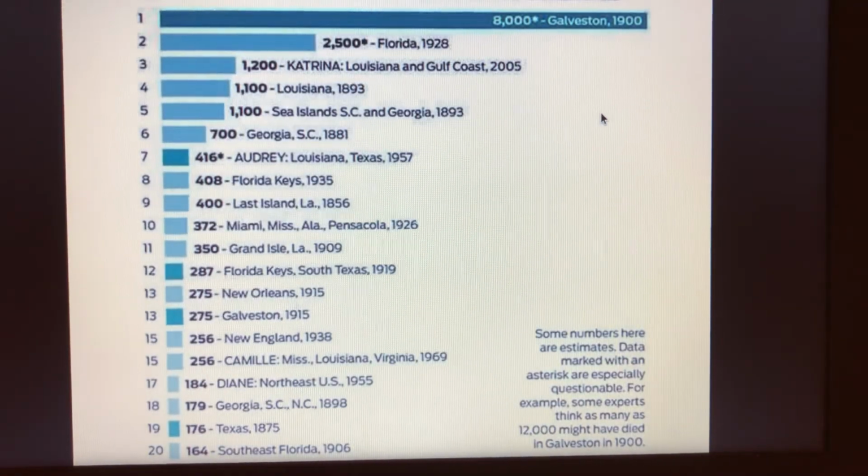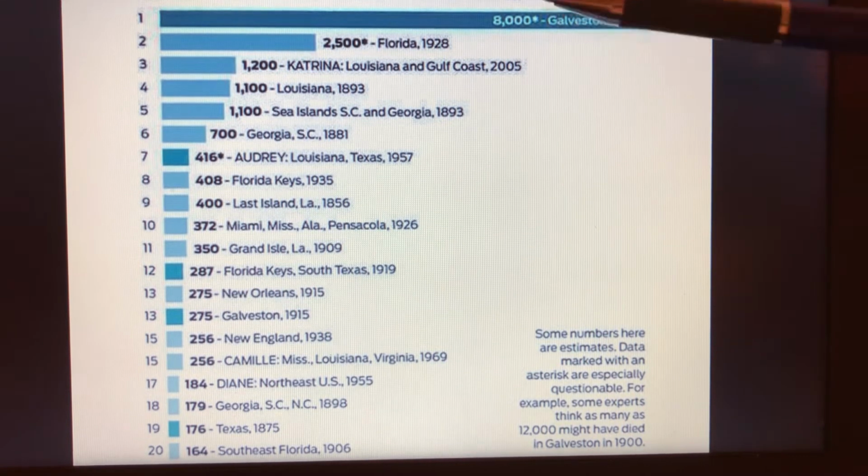So you can see this is a ranking of the number of deaths from different hurricanes that have occurred in the United States. Most of them are from a long time ago. And that's because we didn't have the high tech that we have now to be able to predict and be able to warn people about these.